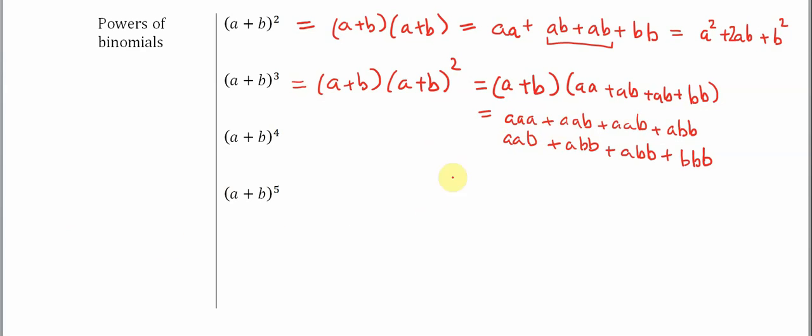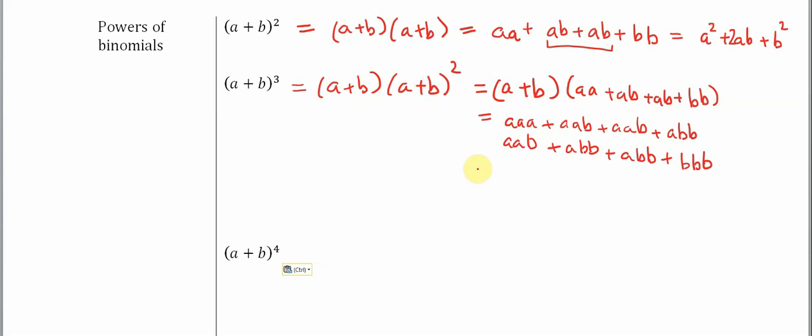And if we think about how these are arranged, if we consider how we expand this binomial by cubing it, we see these terms here, and notice that every term has some combination of a's and b's.